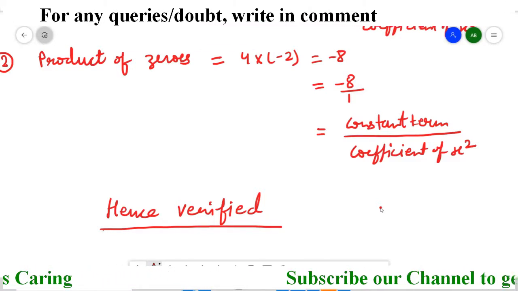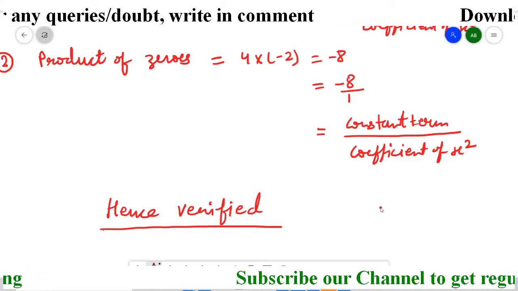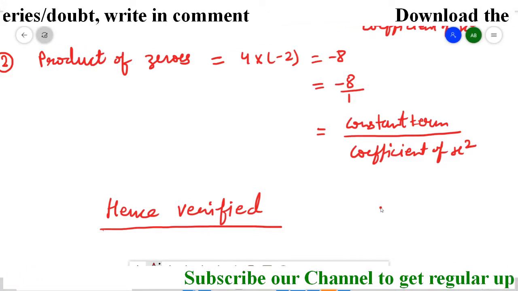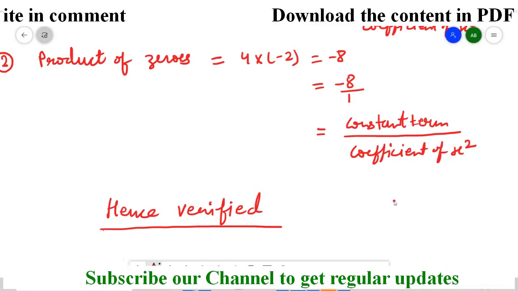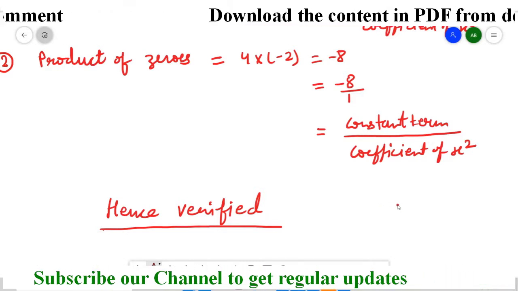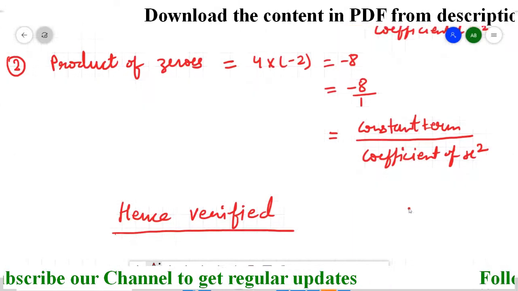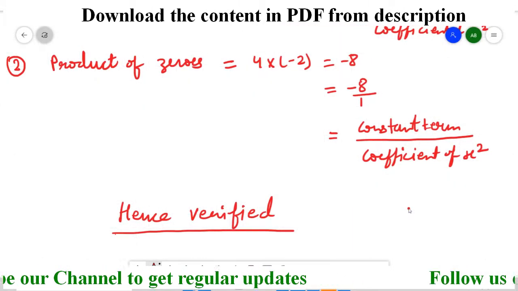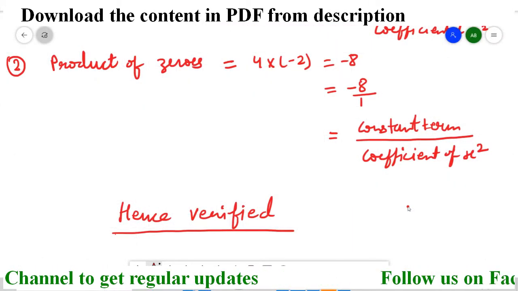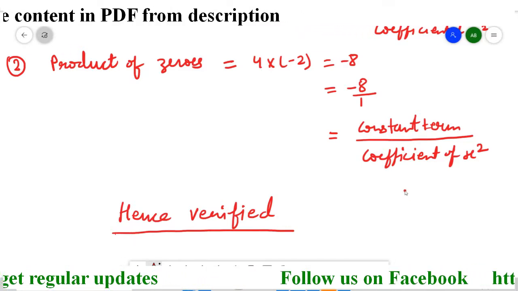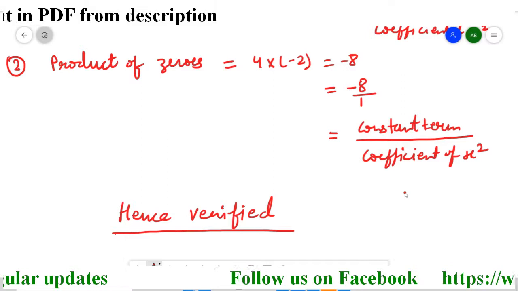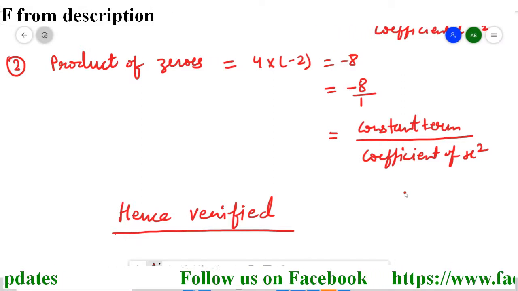So I request all of you to first learn factorization and then try all these questions. Here I have done only the first part, and similarly you can try the remaining parts of the question. If you are not getting it, write in the comments which part you need, and I'll solve that and upload the videos.